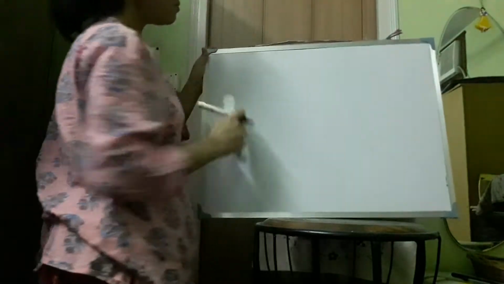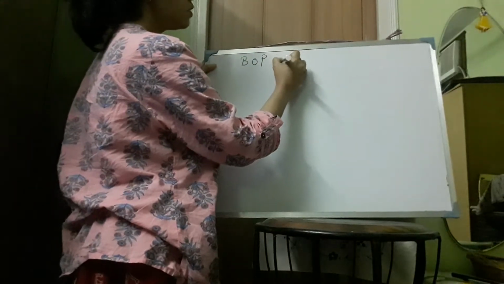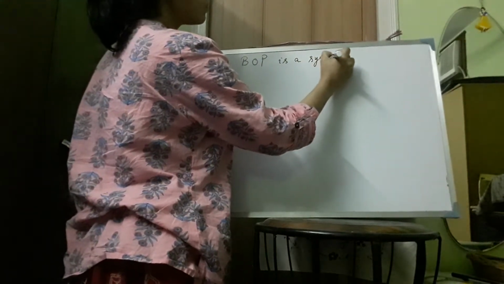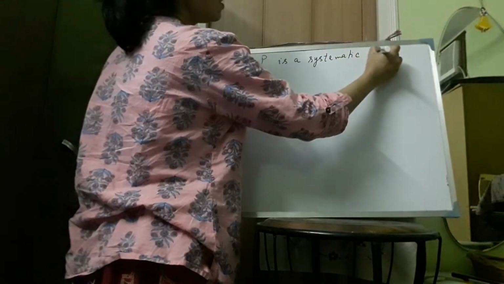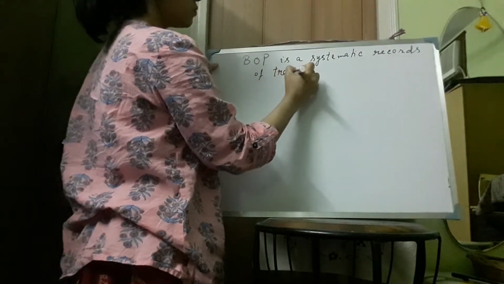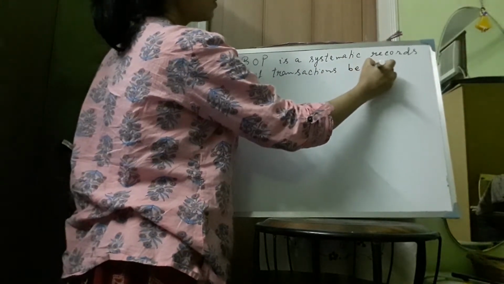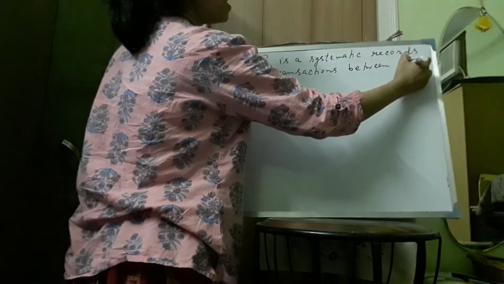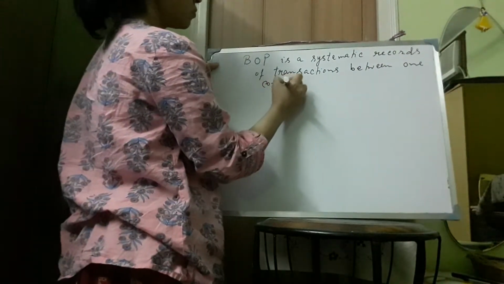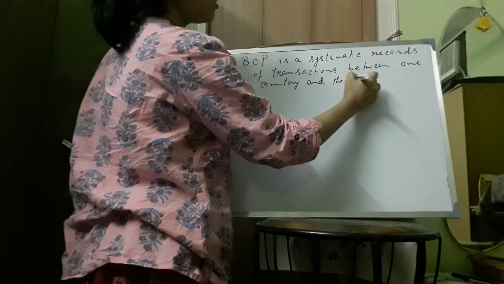So let us first discuss the balance of payment. Balance of payment, or BOP, is a systematic record of transactions between one country and the rest of the world.